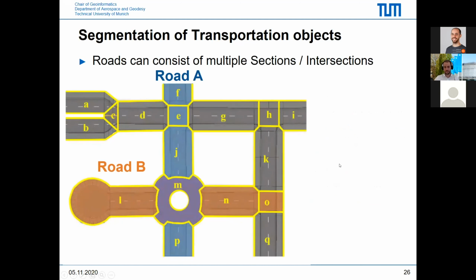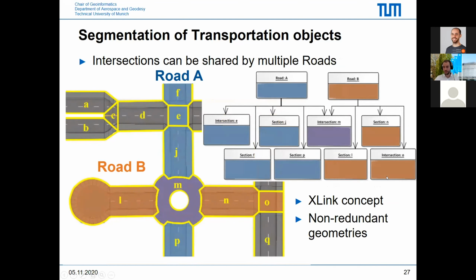There's also a concept in CityGML for allowing a non-redundant geometric and semantic representation. So one of the things with intersections is that they can be shared by multiple objects. So in this case, there's road A and road B in orange, which share this roundabout highlighted in purple. And there's a linking mechanism within CityGML, for example, the XLink concept, which allows the linking of an object to several other objects.